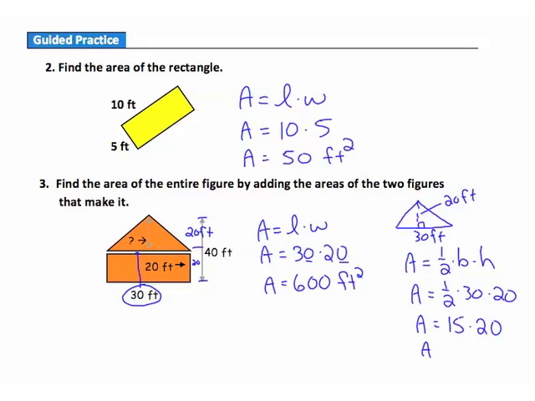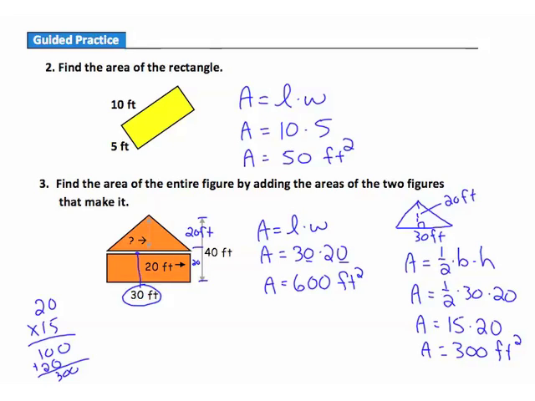So we'll come over on some scratch work, and we'll do 20 times 15. 5 times 0 is 0. 5 times 2 is 10. Carry the 1, which would just bring it down. It'd be 100. Then 1 times 20, 0, 2. Add that up. We're going to get 300. So the area of that triangle is 300 square feet.